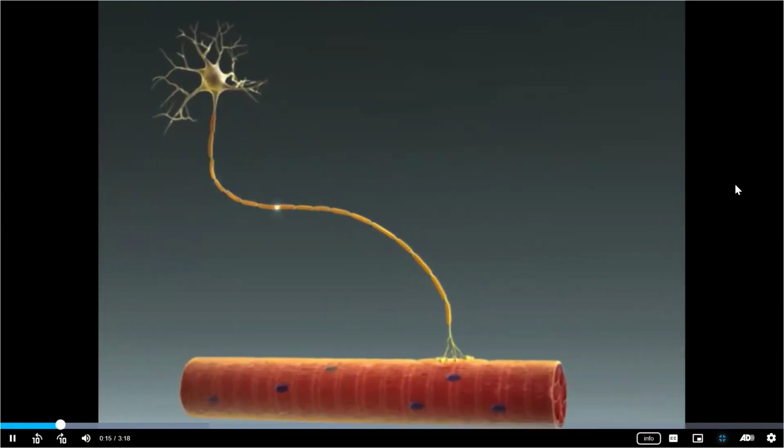An action potential propagates down a motor neuron. Notice they said an action potential propagates down the motor neuron. What they mean is voltage-gated channels. When you open up one, they all open along the axon, creating your action potential at the end of the tail, causing the release of neurotransmitters.